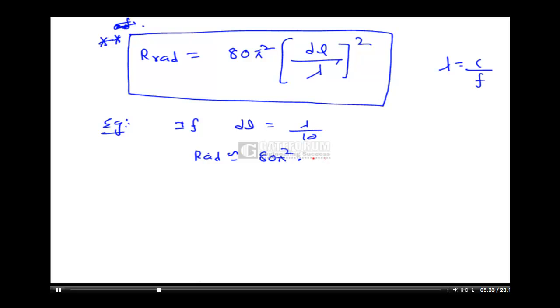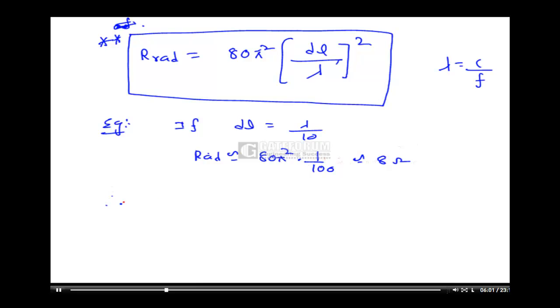Taking pi square as approximately 10, this is approximately 8 ohms.